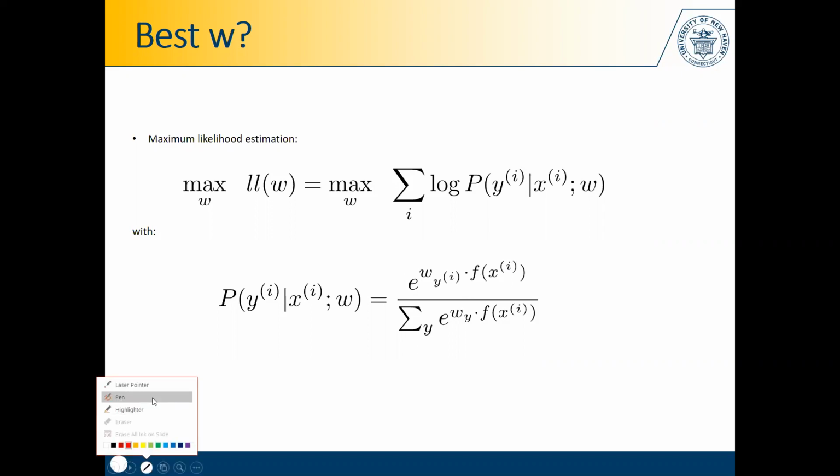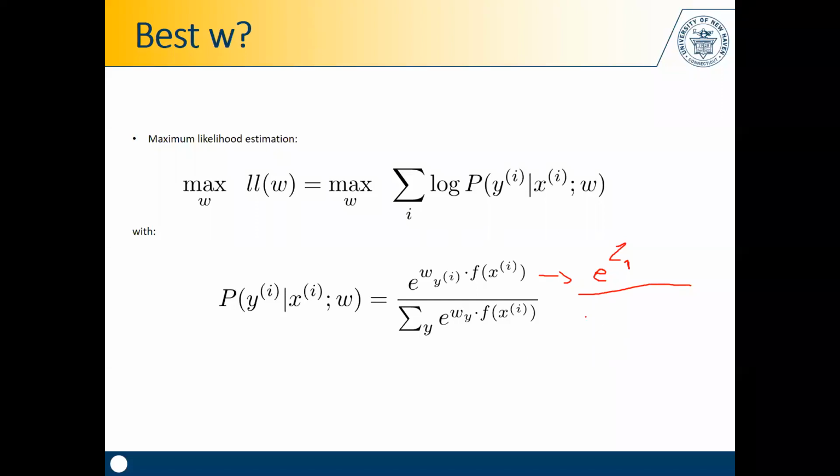Let me write it down here. This is essentially e^Z1 divided by the sum of e^Z1 plus e^Z2 all the way to e^Zn, the number of classes.